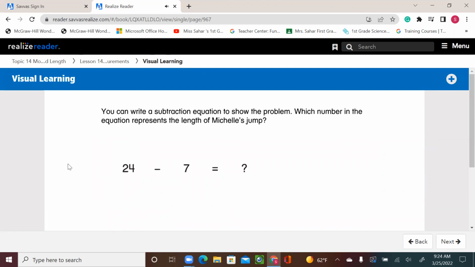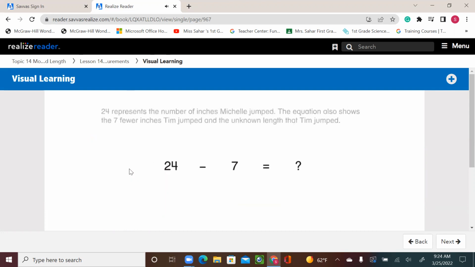Which number in the equation represents the length of Michelle's jump? Select your answer. Okay, so we need to compare between two friends that jumped. So let's see. 24 represents the number of inches Michelle jumped.